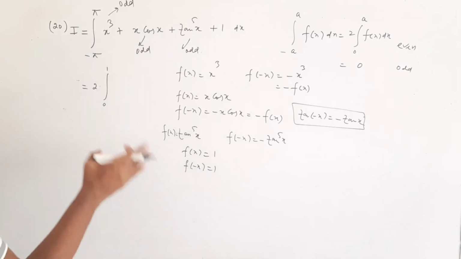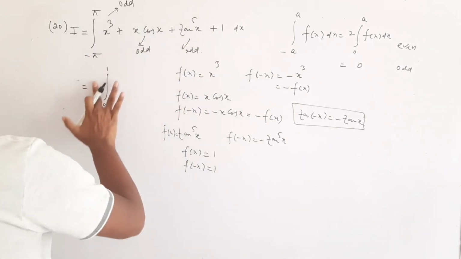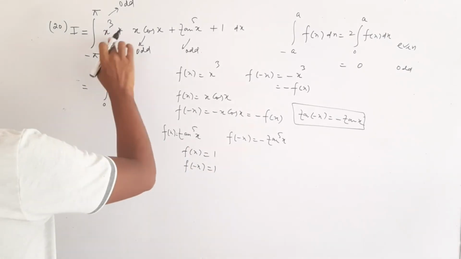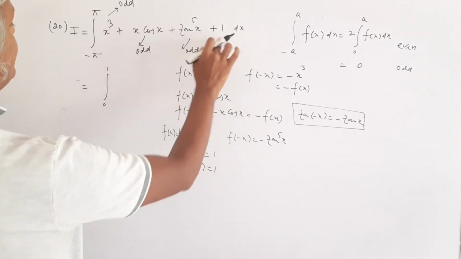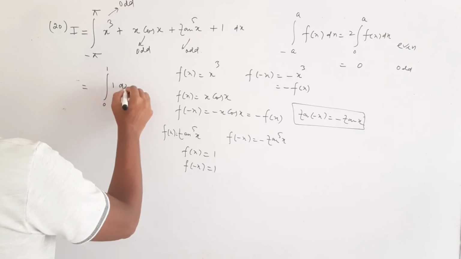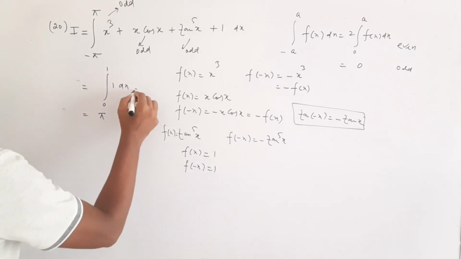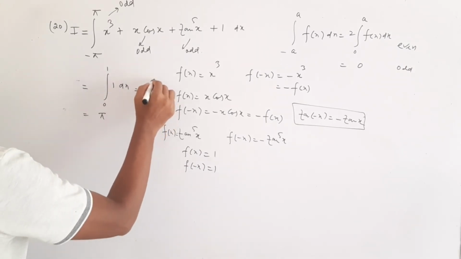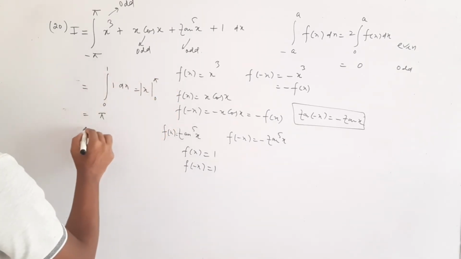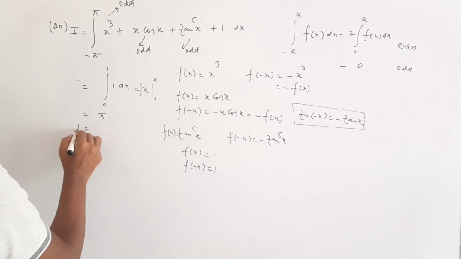Since there is no x, I can keep this 1 outside. So all these 3 are 0, so we are left with only 1 dx. Then integration of this is x, limit is 0 to pi, and this becomes pi minus 0. So this I becomes pi.